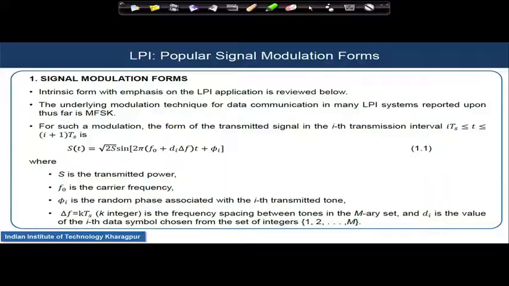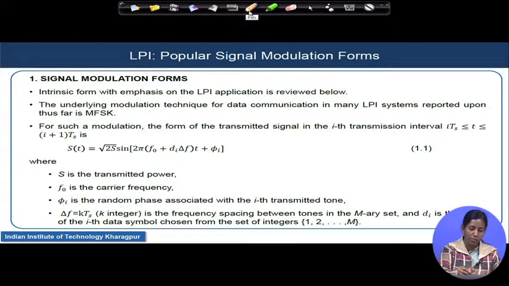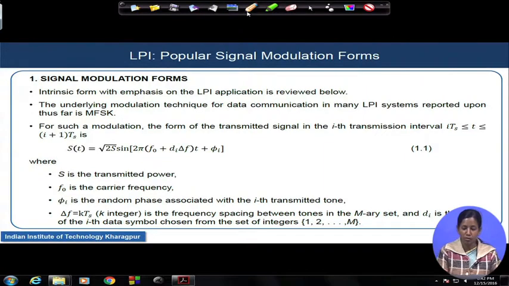We understand that for the ith transmission interval, where the transmission interval is given by iTs to (2i+1)Ts, the MFSK modulated transmitted signal ST will look like equation 1.1, where S is the transmitted power and f0 is the center carrier frequency of the transmission.